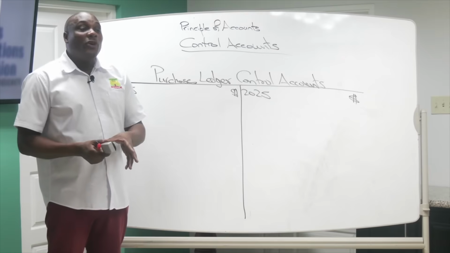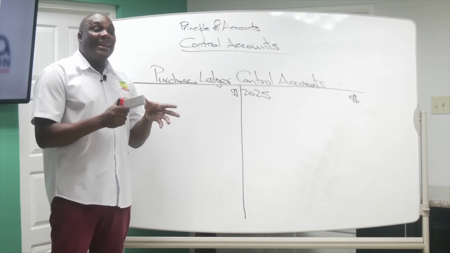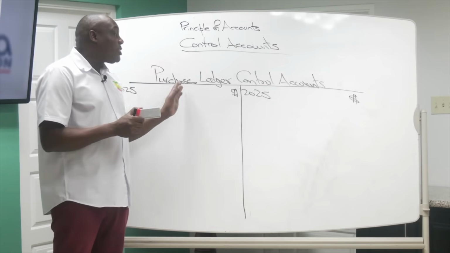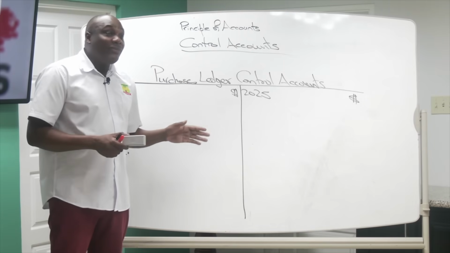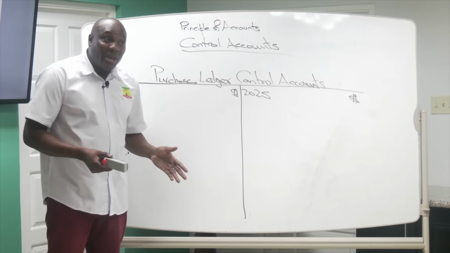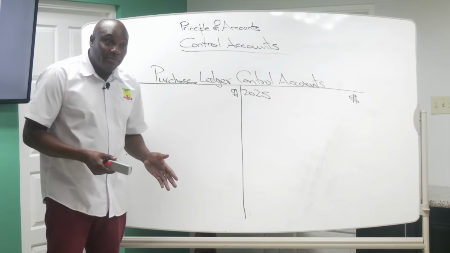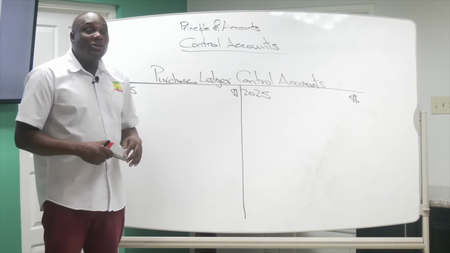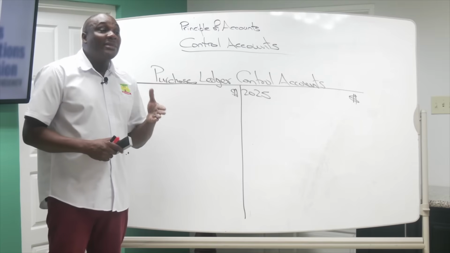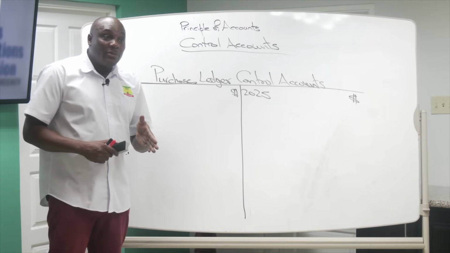Creditor is found in the purchases ledger, and hence the total creditor control account can also be used. In fact, the examiner will use it, by the way, so you have to get used to the different terminology. Or they will tell you total supplier control account, because supplier is the same thing as creditor.